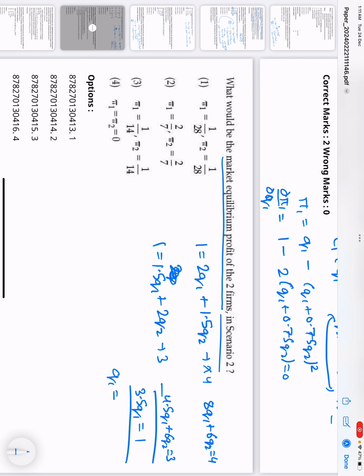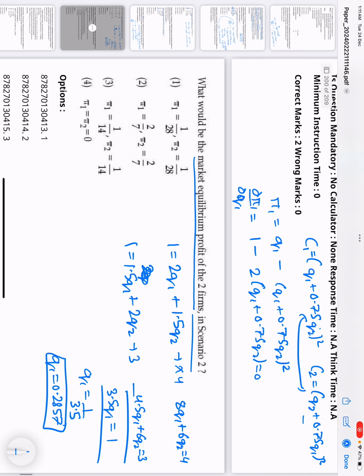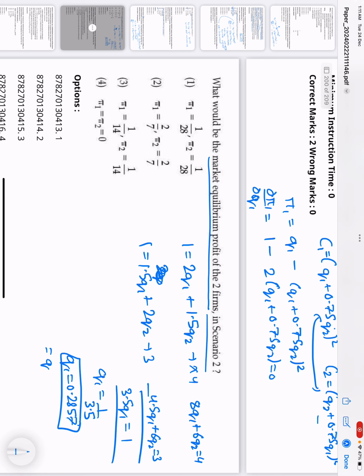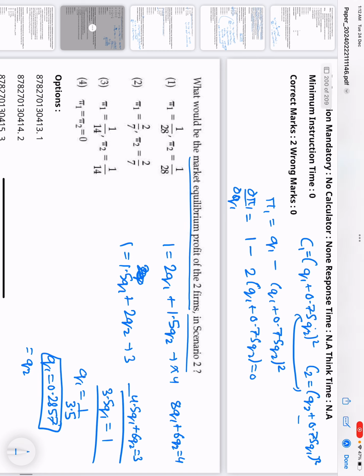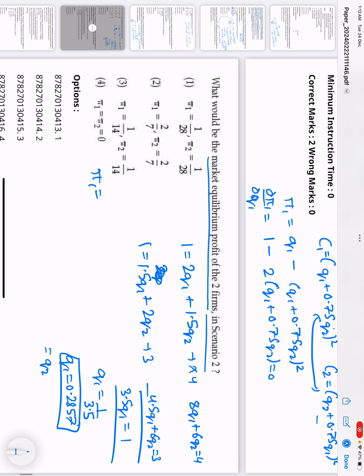So Q1 is 1 upon 3.5. So 1 upon 3.5 would be 0.2857. Q1 is coming out to be 0.2857. Now the profit, and this would be equal to Q2. Now the profit of the first firm would be Q1 minus, so Q1 and Q2 would be the same, so it would be 1.75 Q1 square, and 1.75 into 0.2857 whole square.